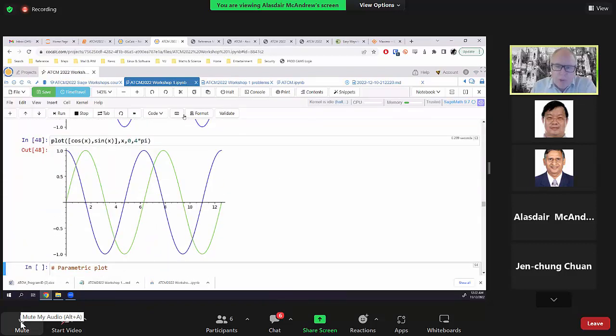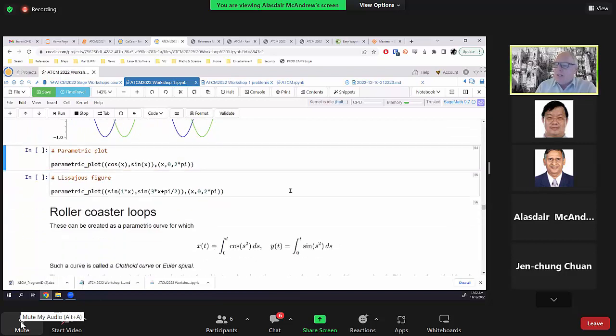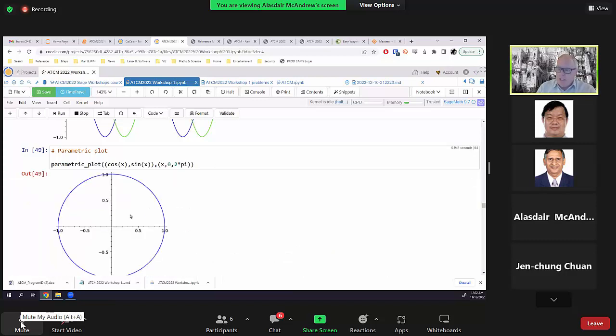I haven't done this, but you can also add a legend, so you know which one is sine and which one is cos. I mean, we know, but if you're showing this to somebody else, you might want a legend. So the blue graph is this and the green graph is that. You can do parametric plots with the command parametric plot. You'd expect this one to give you a circle, as indeed it does.